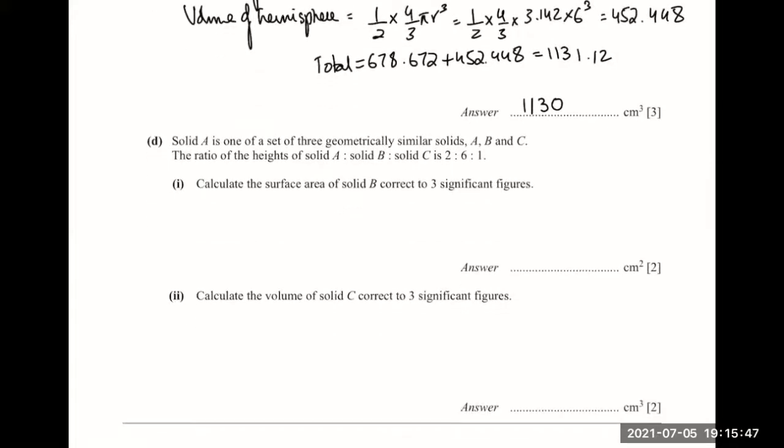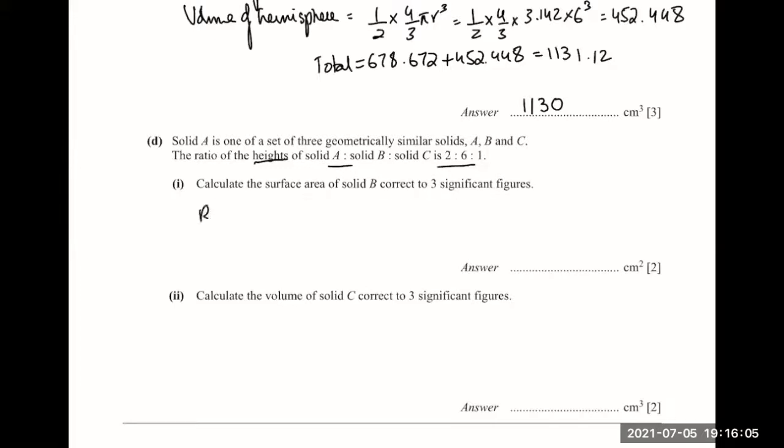It says solid A is one of three geometrically similar solids A, B, and C. Now they're geometrically similar, that means there must be a ratio. The ratio of the heights is 2 to 6 to 1. Calculate the surface area of solid B correct to three significant figures.